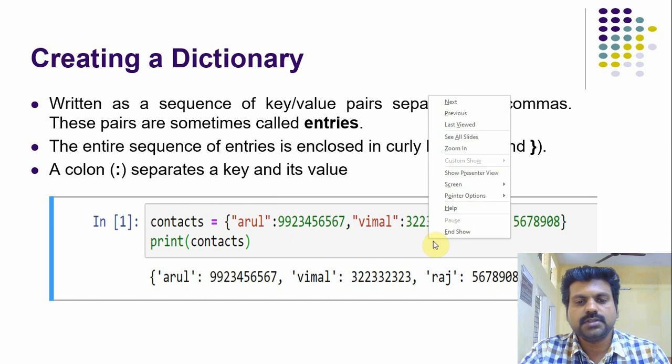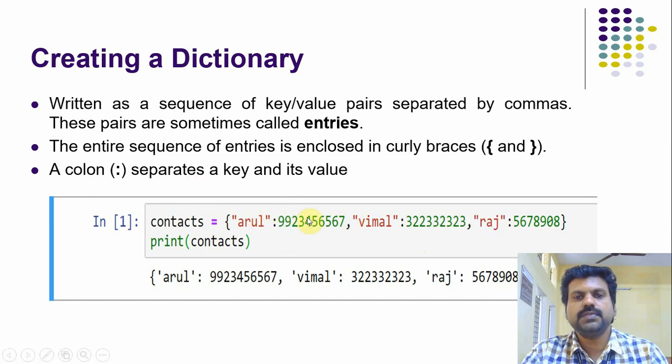So this is the structure of a dictionary. Once we create a dictionary, we can use a print statement to verify whether it is actually created or not. Now let us see one example of how to create a dictionary.